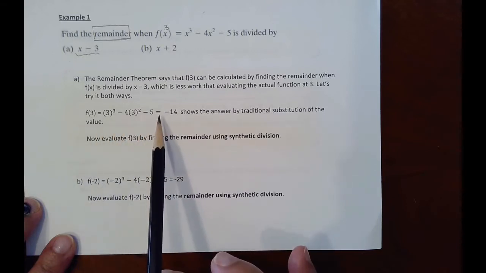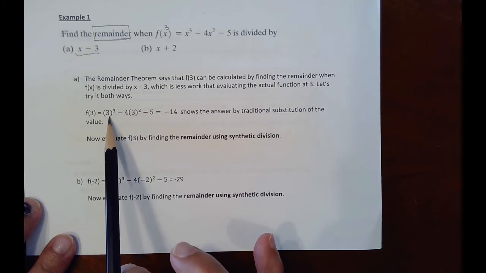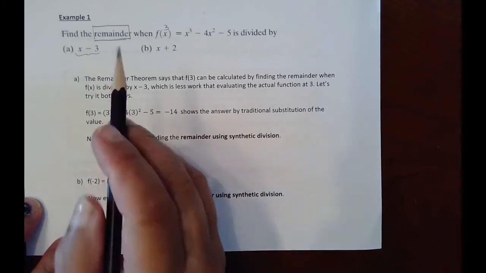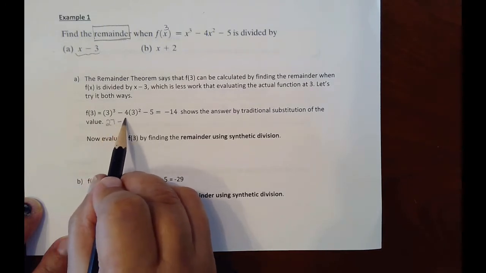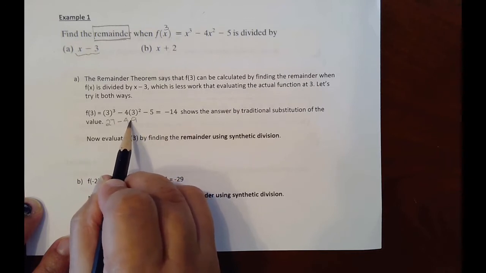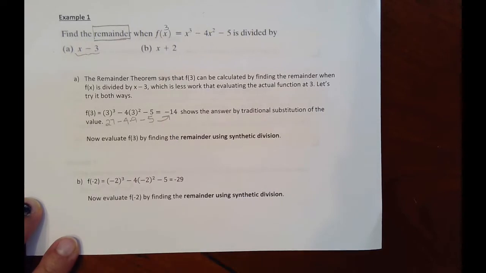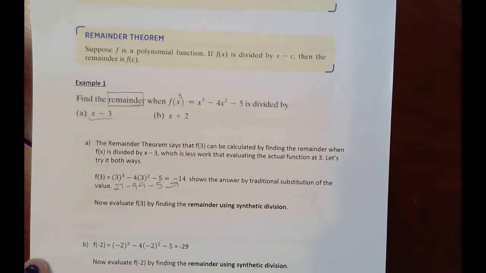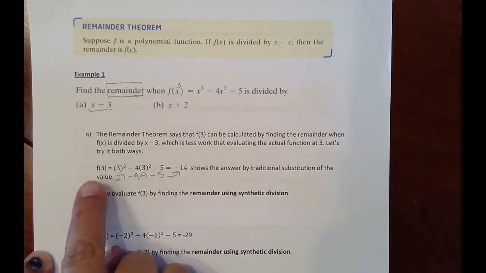If you did all of this in your calculator, taking 3 and raising it to the third power, you'd get 27, and then you'd be going negative 4 times 9, which would be 36, and then you'd subtract 5, and eventually you would get this answer.